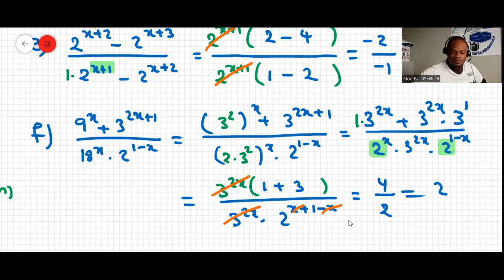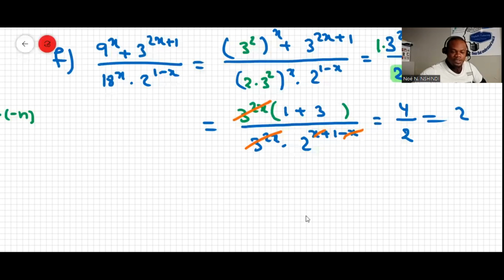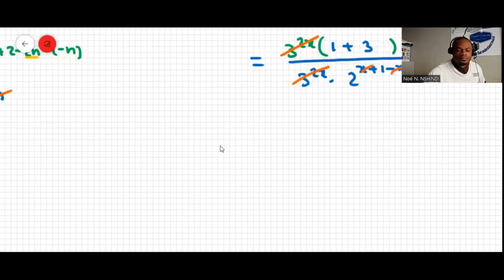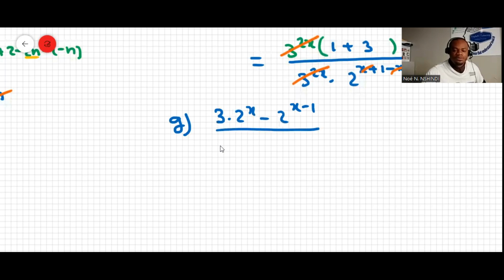We can also, the same way, do question G. Question G is 3 times 2 to the x minus 2 to the x minus 1, all over 2 to the x plus 2 to the x plus 2.